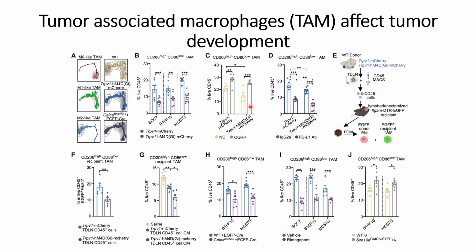So in both cases they are able to see an increase in the TAM populations. The chemogenetic inhibition does not cause the suppression of TAM in this case.